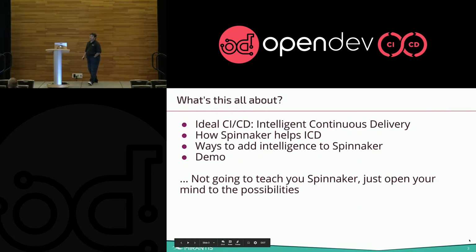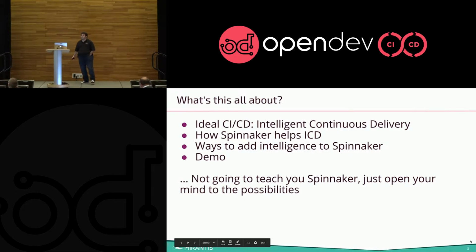Let's take a quick look at what we're going to talk about today. First of all, before we go anywhere, raise your hand if you have heard of Spinnaker. Okay, keep your hand up if you've actually used Spinnaker. All right, close enough. Raise your hand if you know what Spinnaker is. All right, good.